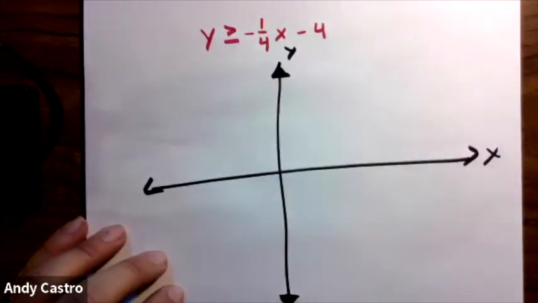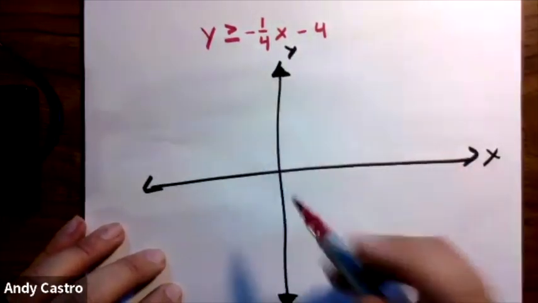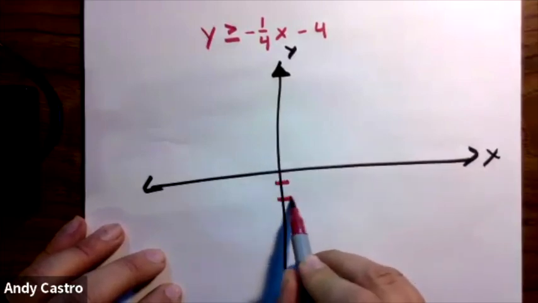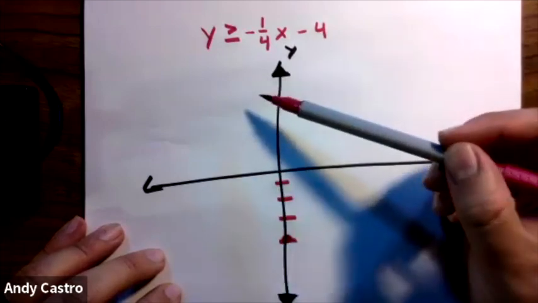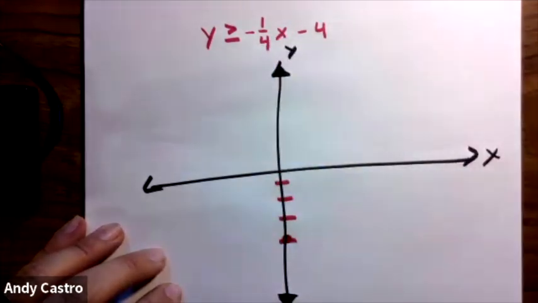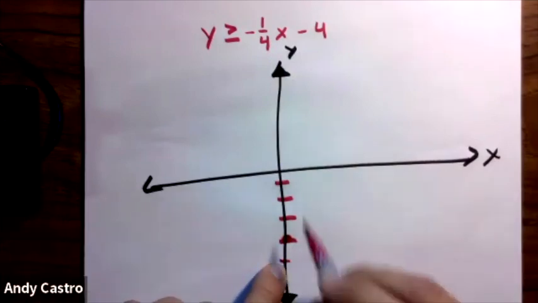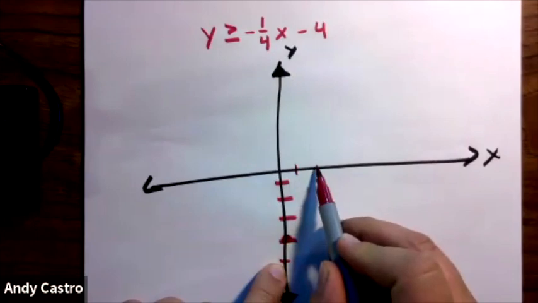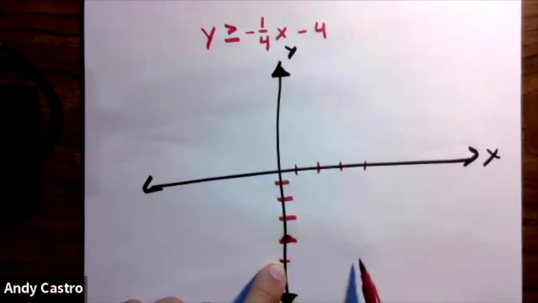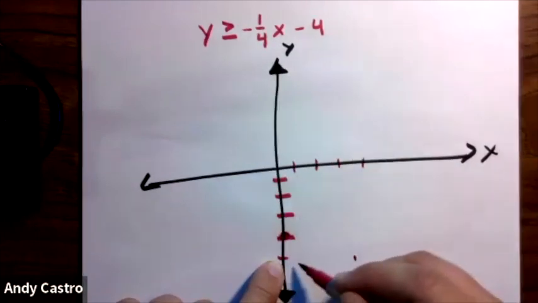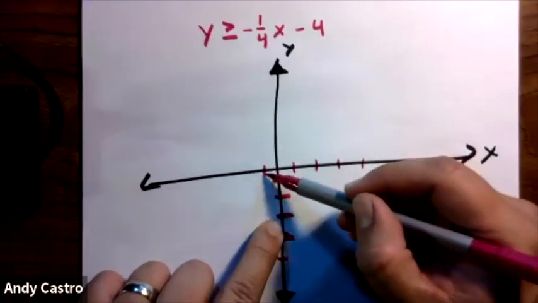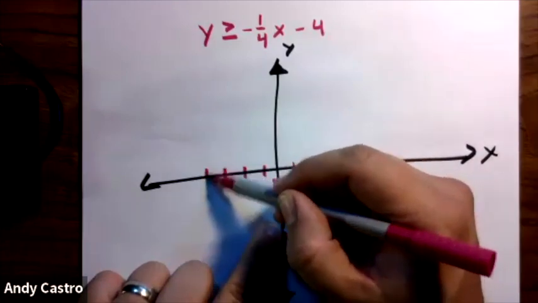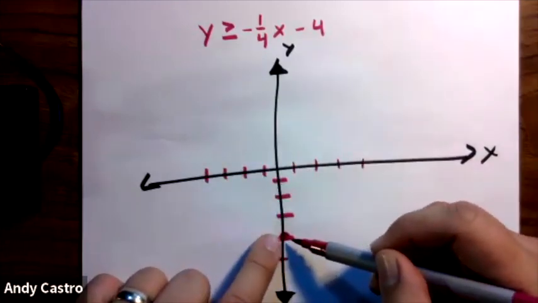I know that my y-intercept is -4, so -1, 2, 3, 4. That's right here. And then I have a slope of -1/4, meaning I go down 1 and to the right 4. 1, 2, 3, 4. There's that point there. I can also go up 1 and to the left 4. 1, 2, 3, 4. That's +1, -4.